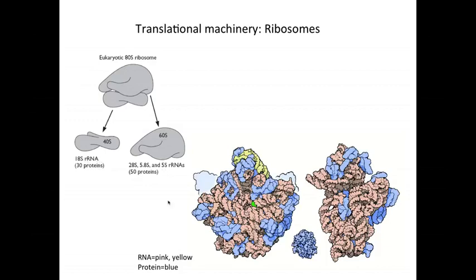And the RNA is an important part of the ribosome. Here on the right, it's shown in pink. The protein is in blue. And there is good evidence which indicates that if you take away the protein, the RNA can still carry out the catalytic function of the ribosome, that is to make a protein, to catalyze peptide bonds.